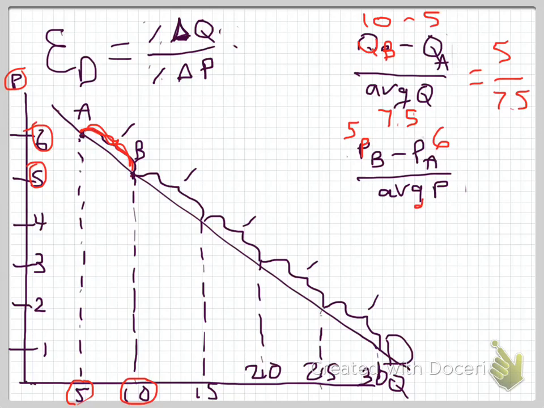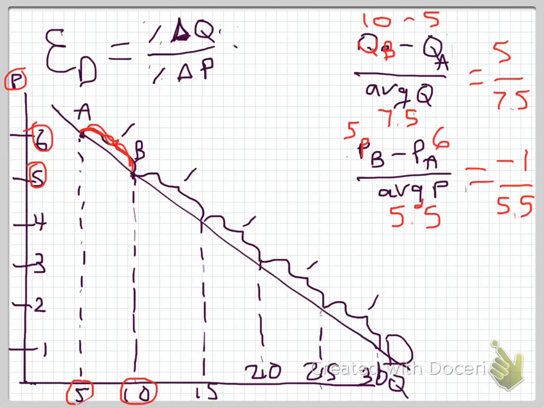And what are you going to get? You're going to get 5.5, which also you could just look halfway between 5 and 6 is 5.5. However you do this, you're going to end up with minus 1 over 5.5.